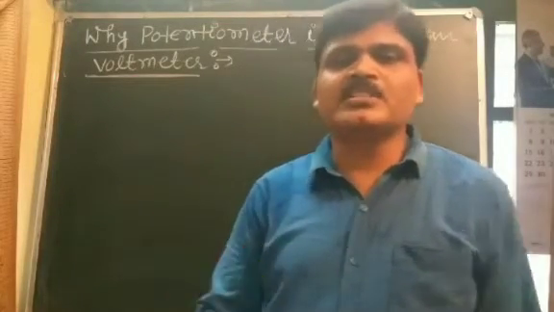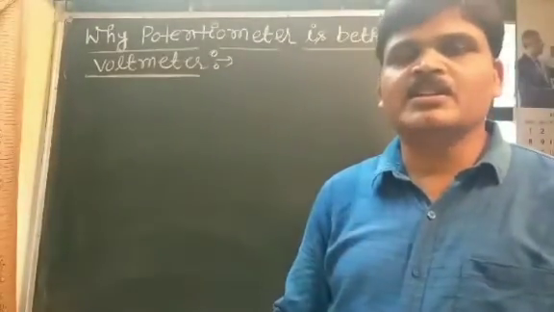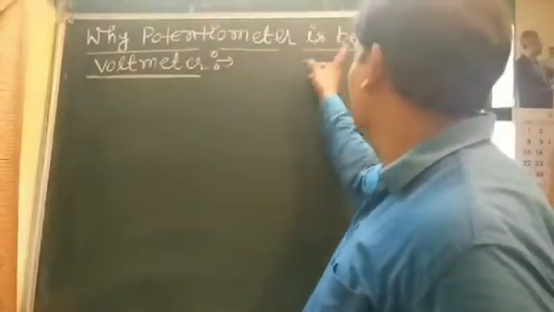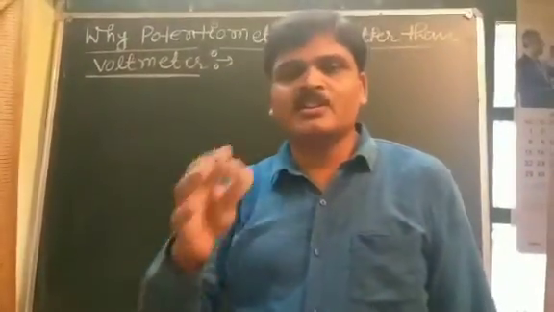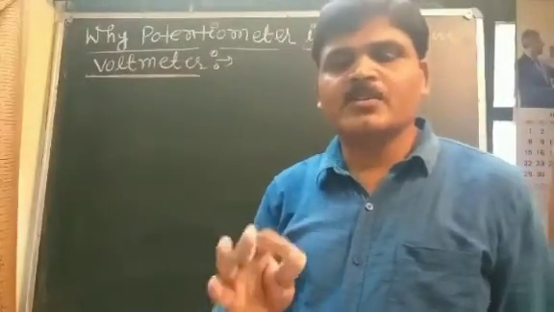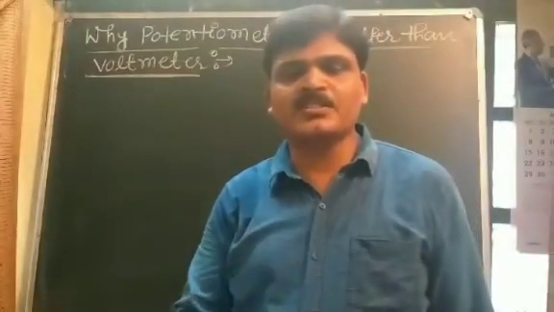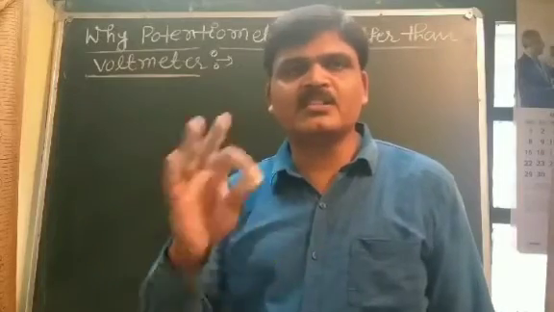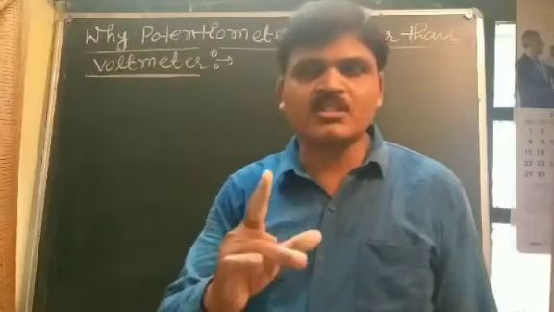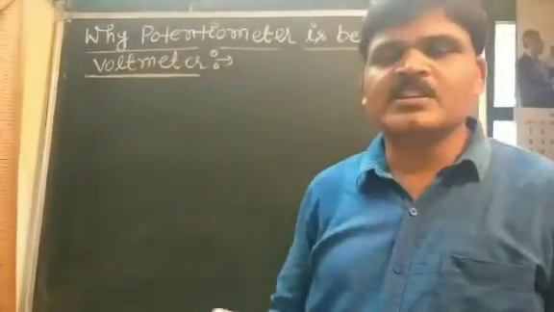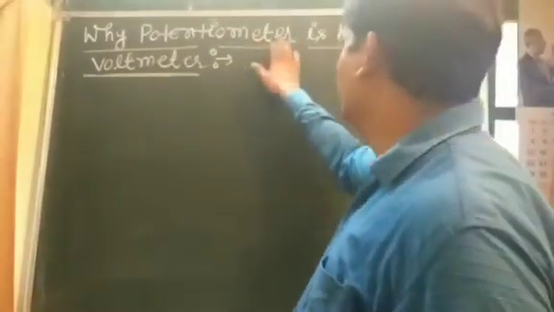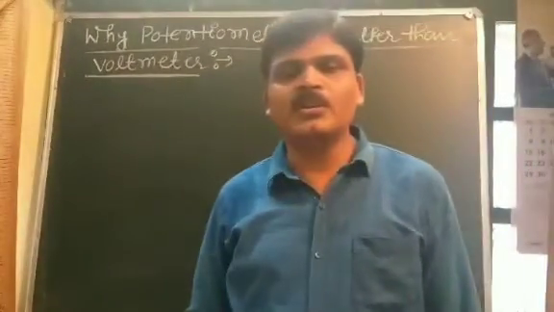It measures the potential difference in an open circuit, which is equal to the EMF of the cell. Whereas a voltmeter draws some current from the cell for its operation, so it measures the terminal potential difference in a closed circuit, which is less than the EMF of the cell. This is the reason a potentiometer is better than a voltmeter.